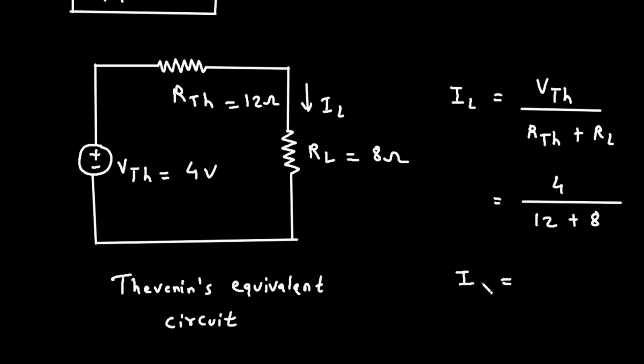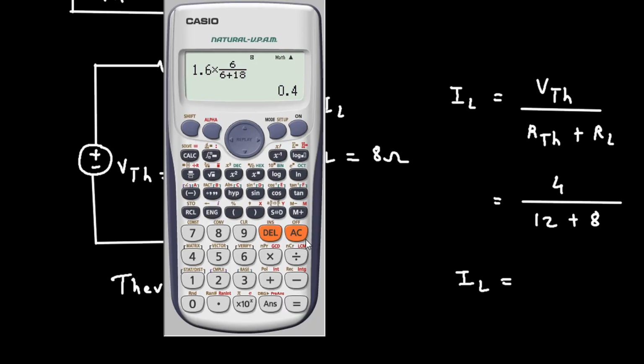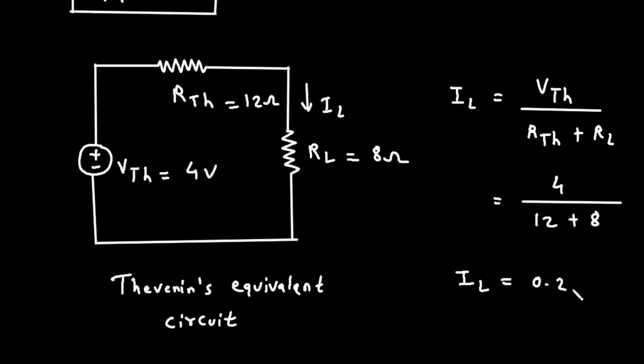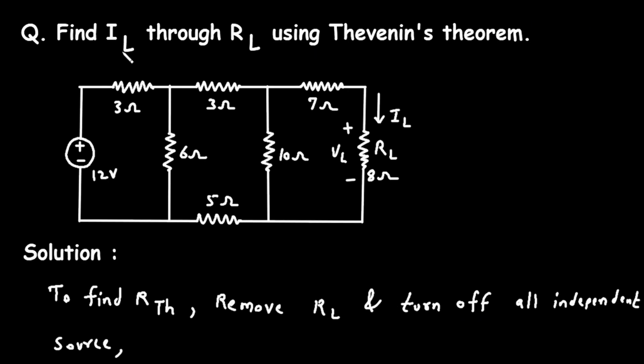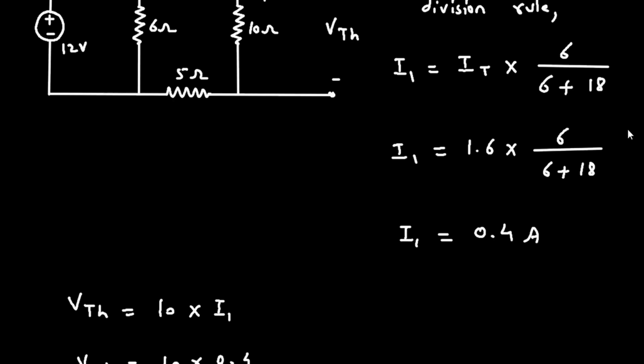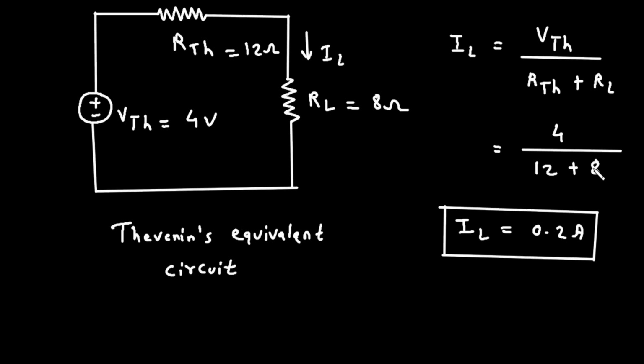If we solve this, we get the value of IL. Let's solve this. 4 divided by 12 plus 8. So it is 0.2 ampere. Now what we have to find in this problem? We have to find IL by using Thevenin's theorem. So here this is the value of IL.